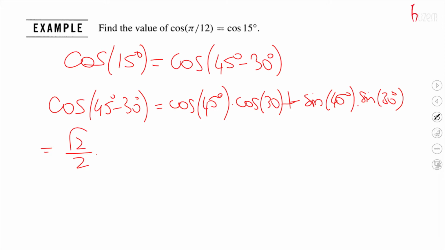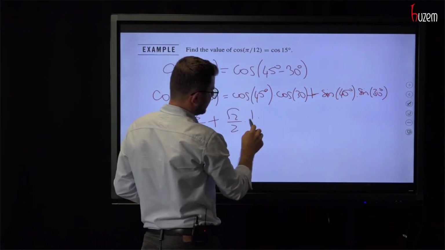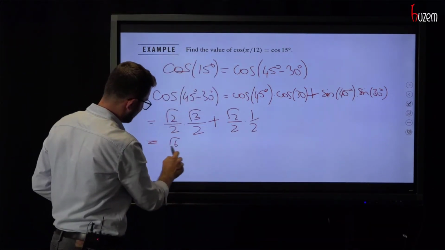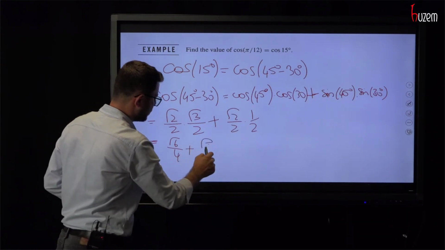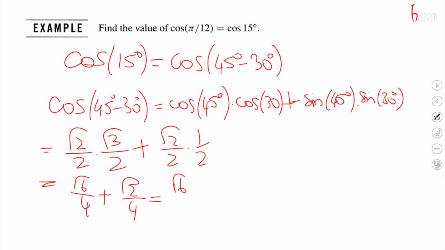Cosine 30 is root 3 over 2, plus sine 45 is root 2 over 2 times sine 30 is 1/2. As a result, this will be root 6 over 4 plus root 2 over 4. So we can say this is root 6 plus root 2 over 4. So we found the cosine value of 15 degrees.